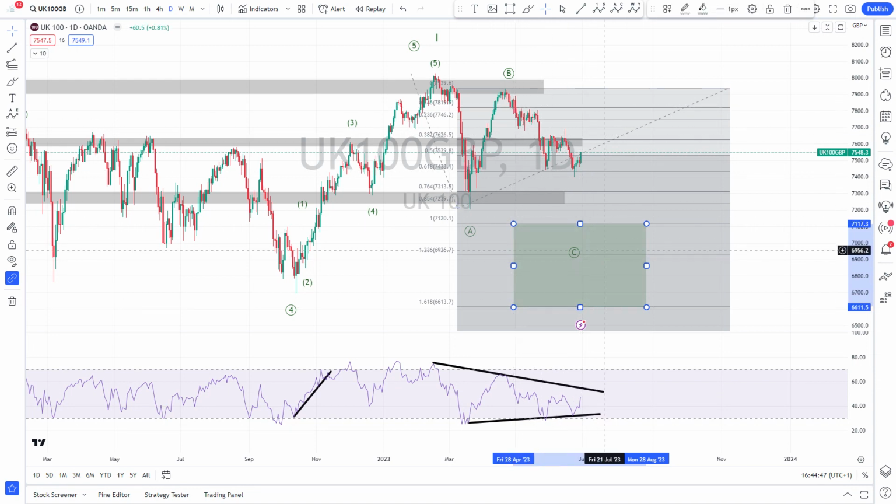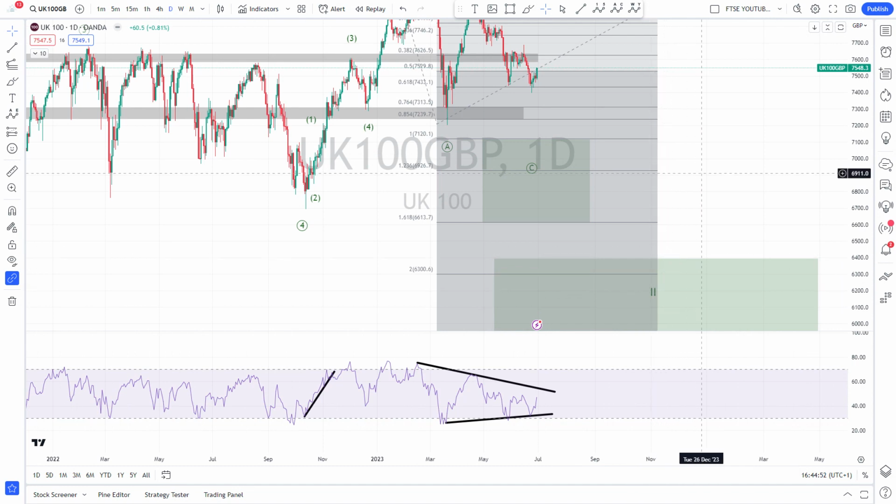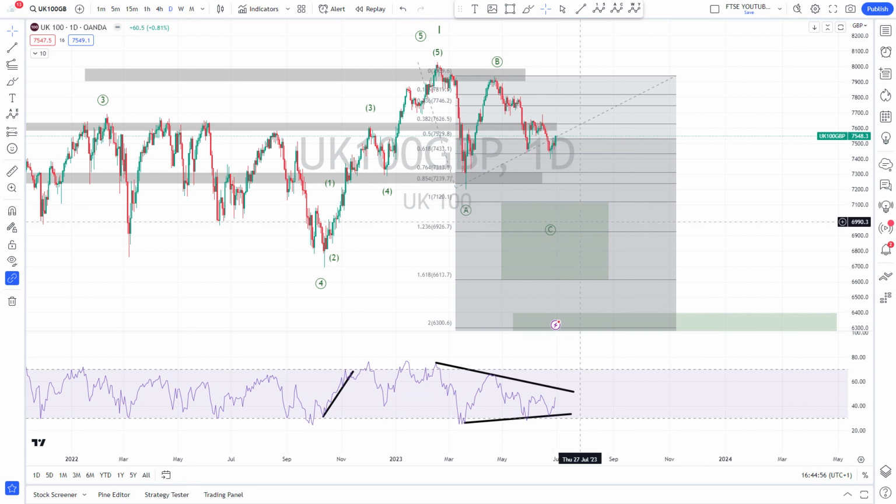So the correction could be over here, although our wave 2 area is lower.